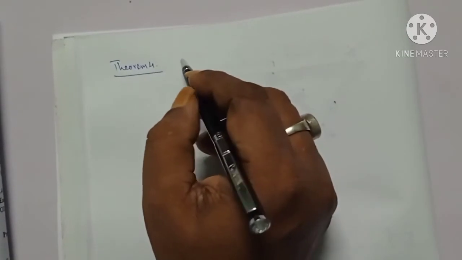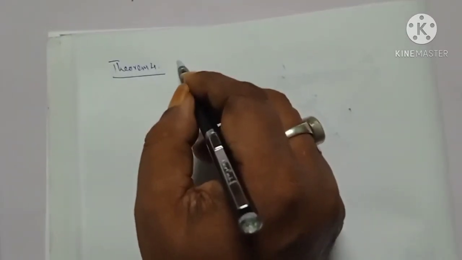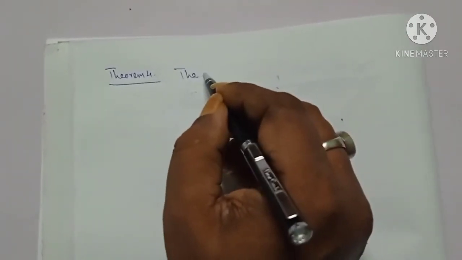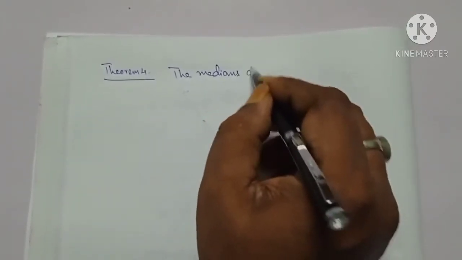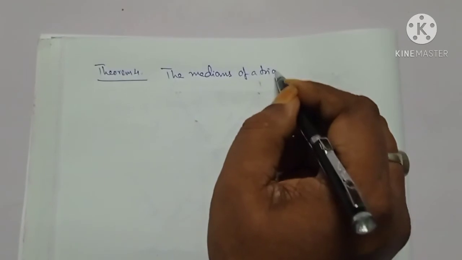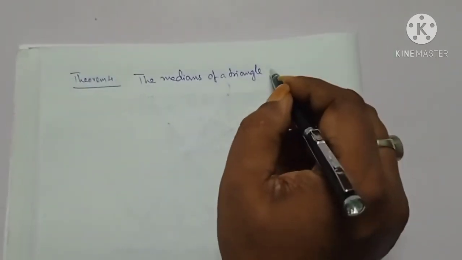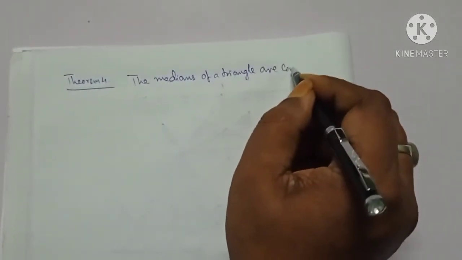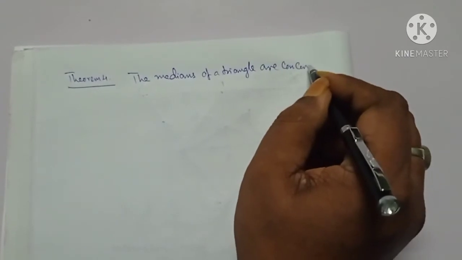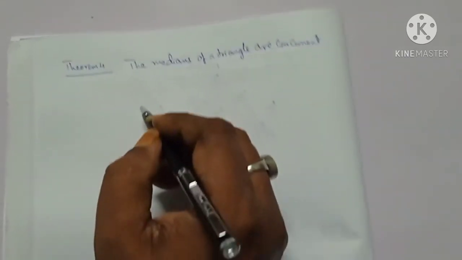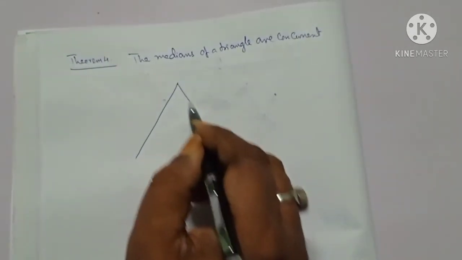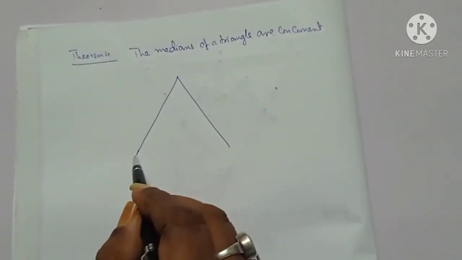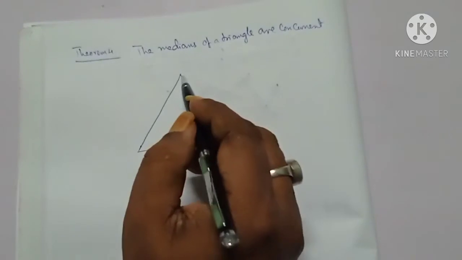The medians of a triangle are concurrent. The medians of a triangle are concurrent. That is, you see this.